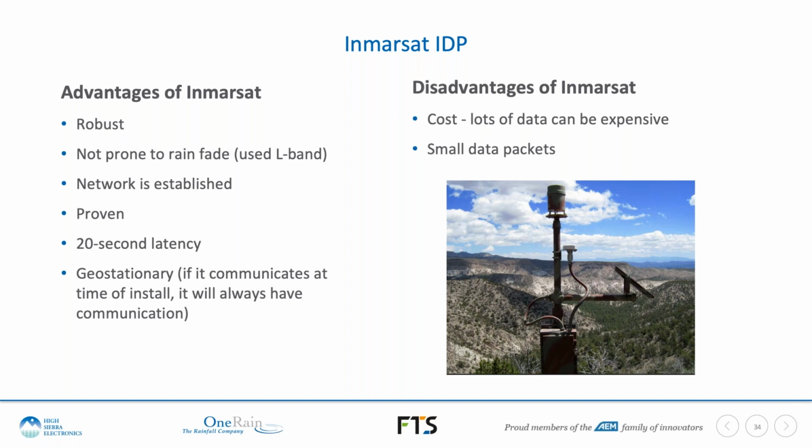Inmarsat is extremely robust, not prone to having storms get in the way of its transmissions. Network is established. Again, your latency is not an issue. It's 20 seconds, if not less. Geostationary, as we talked about, which makes it extremely reliable as well.